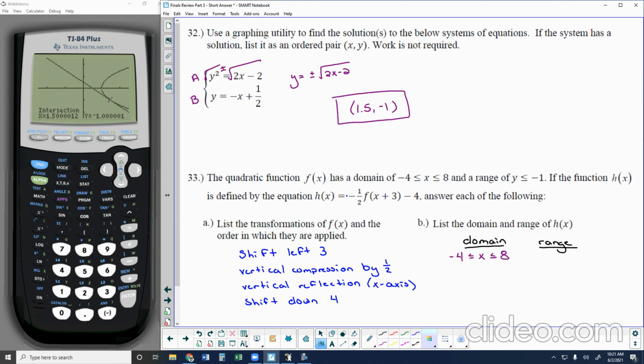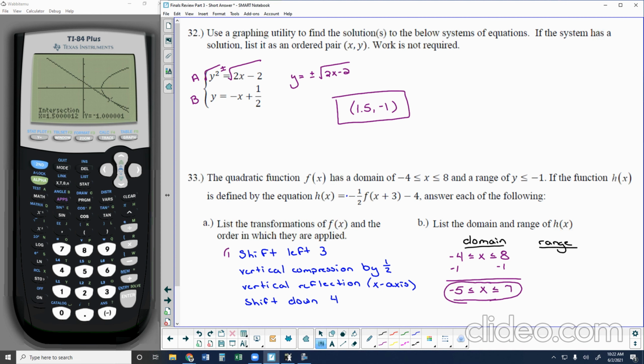In this case, the one horizontal movement that we have is a shift to the left 3. So a shift to the left 3 would be a subtraction on the x values. So we can subtract 3 on the x values, and so we would get -7 is less than or equal to x, which is less than or equal to 5. And this is going to be the new domain.